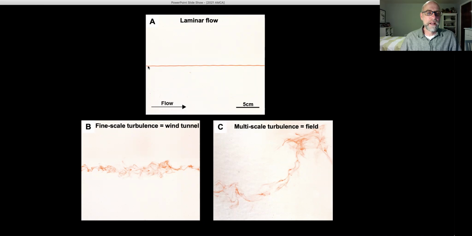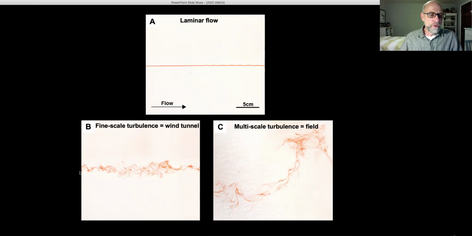And so a scalar released into laminar flow basically will result in a homogeneous ribbon plume, which doesn't deviate to one side or the other. It just moves directly in a straight line with the flow.